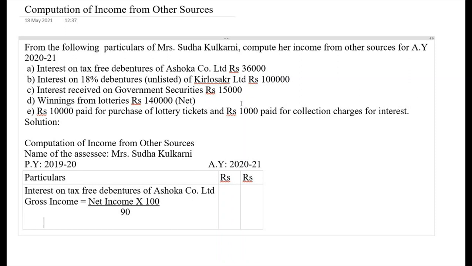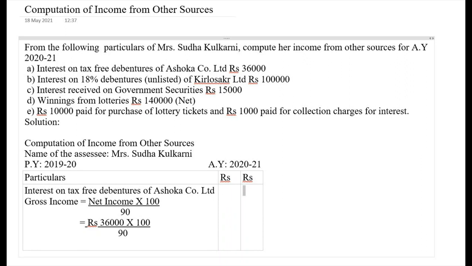Now let me substitute the values in this formula. Rupees 36,000 into 100 divided by 90.